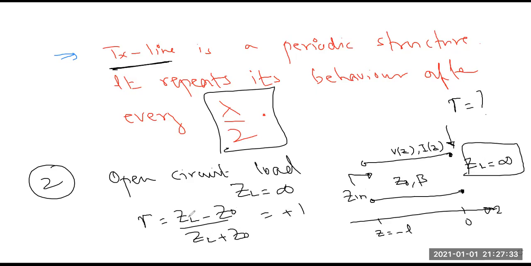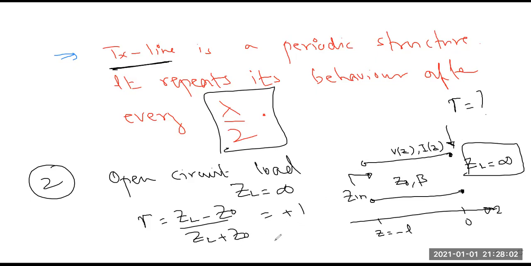Of course, if you directly put ZL equal to infinity and divide by infinity, you cannot say it's directly equal to +1. You have to make use of a rule that you might have studied in some previous maths courses. I think it's called L'Hopital rule. So make use of that, and you will find that infinity by infinity is equal to +1.